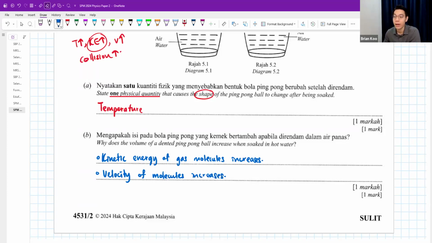Can. Rate of collision. We are not interested in collision between molecules and molecules. We're interested in the rate of collision between molecules and the ping pong ball wall.